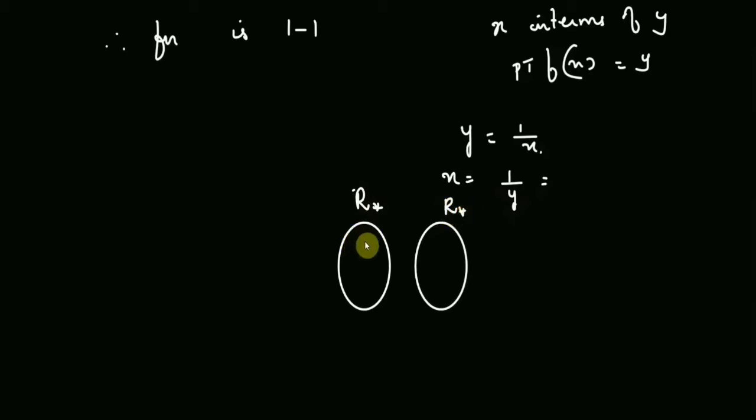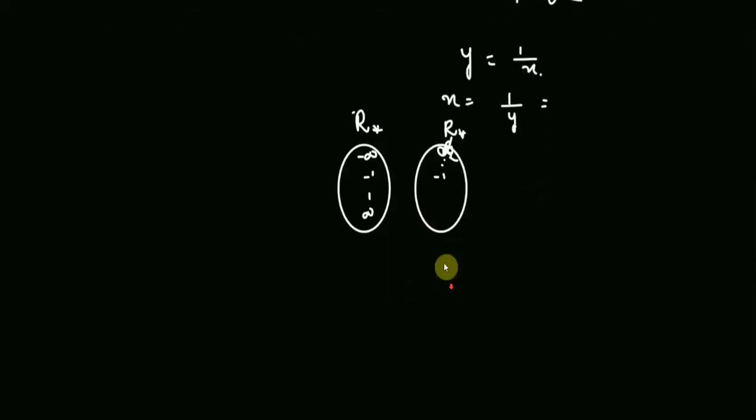The relation is from R, that is from minus infinity to plus infinity, but you will not have 0. The 0 is not there. And here also, again the same thing, from minus infinity to infinity, and 0 is not there. So this is what is given.